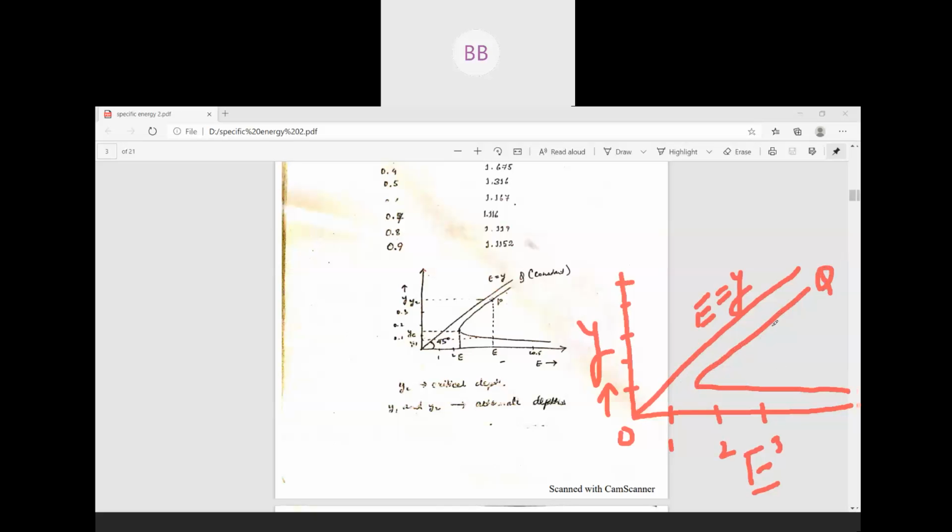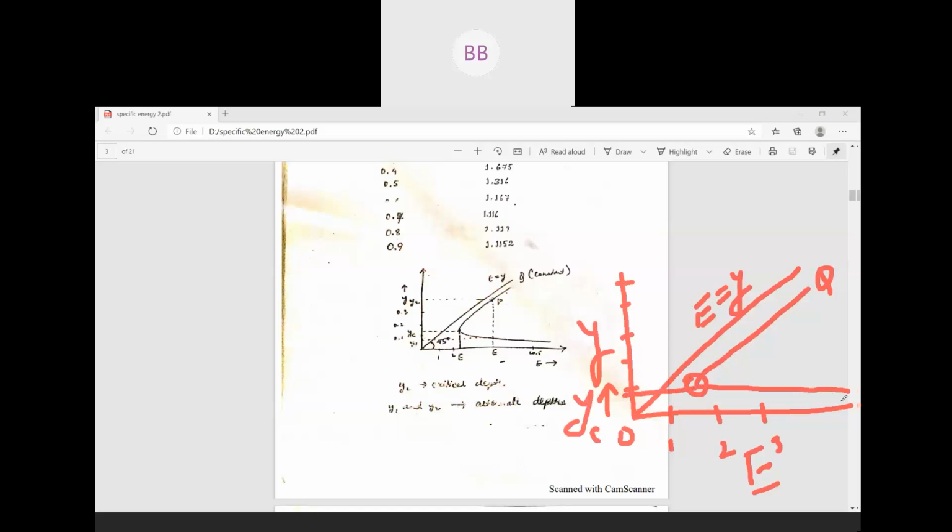Okay, understood? So for this minimum specific energy, the depth corresponding to that particular energy is called critical depth, Yc.